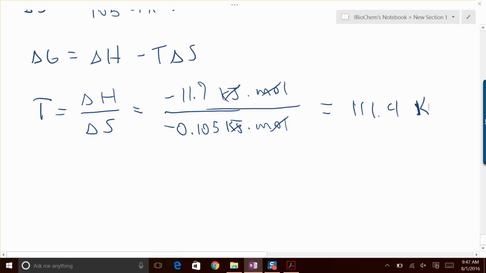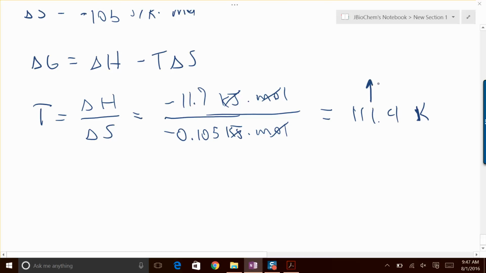So if I go up in temperature, it becomes non-spontaneous. If I go down in temperature, it becomes spontaneous. So temperatures lower than 111.4 will give me a spontaneous reaction. Temperatures above 111.4 will give me a non-spontaneous reaction.